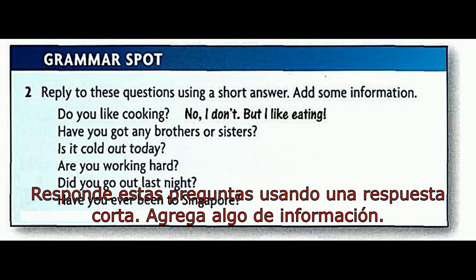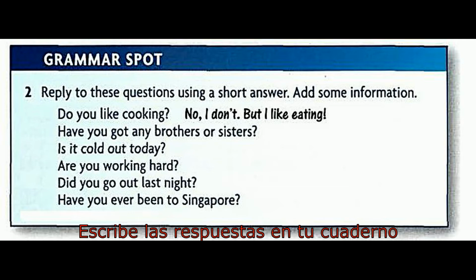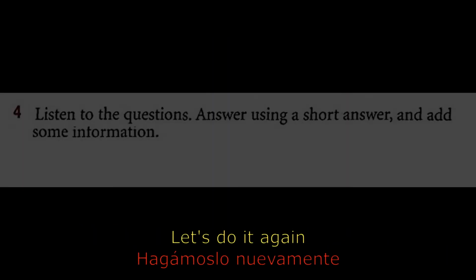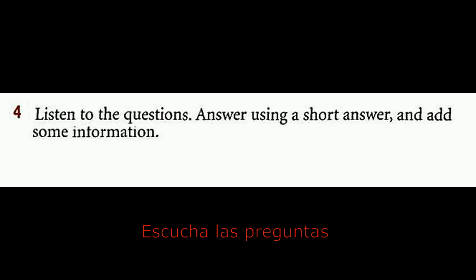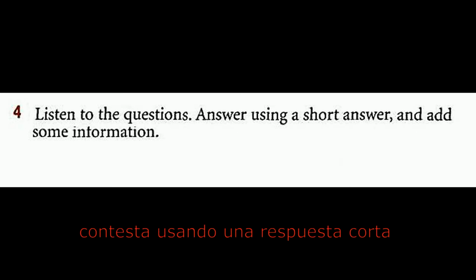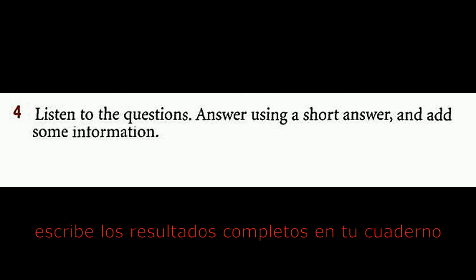Add some information. For example, do you like cooking? No, I don't, but I like eating. Write the answers in your copybook. Let's do it again. Listen to the questions, answer using a short answer, and add some information. Write the complete results in your copybook.